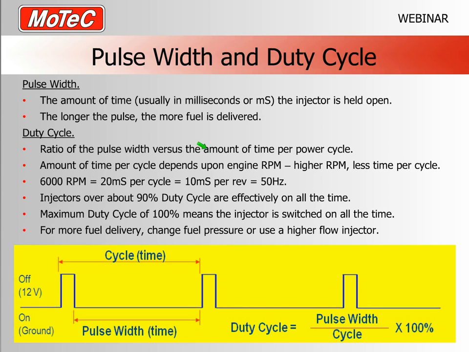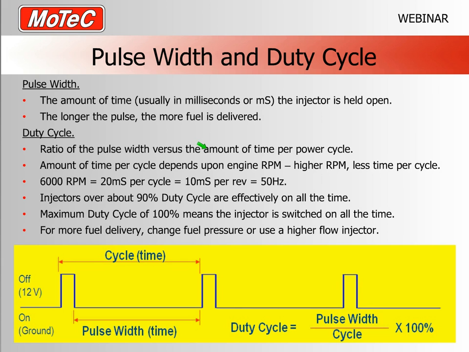But normally we would say we have, say, an injector pulse width of maybe 4 milliseconds or 2.5 milliseconds. So that's 4/1000th of a second. And you can see here what we have is our pulse width, which is the time from the switching on point to the switching off point, and that is the duration of the injector pulse.